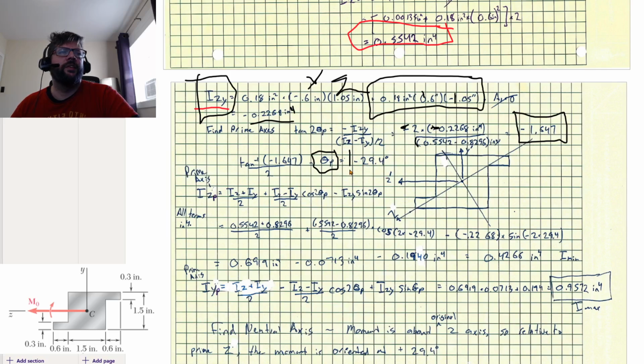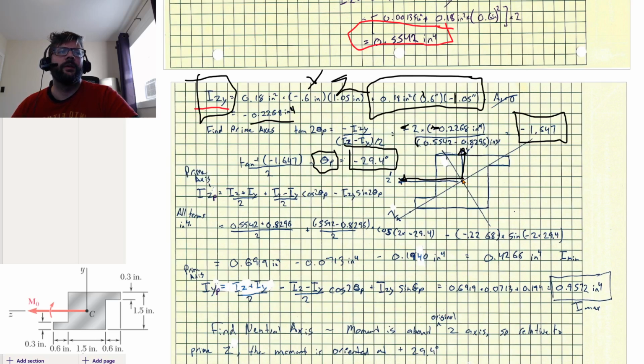And that gives us a negative 29.4 degrees. Again, keeping in mind that we're working off y's in this direction, z's in this direction, so we're rotating from the z-axis.